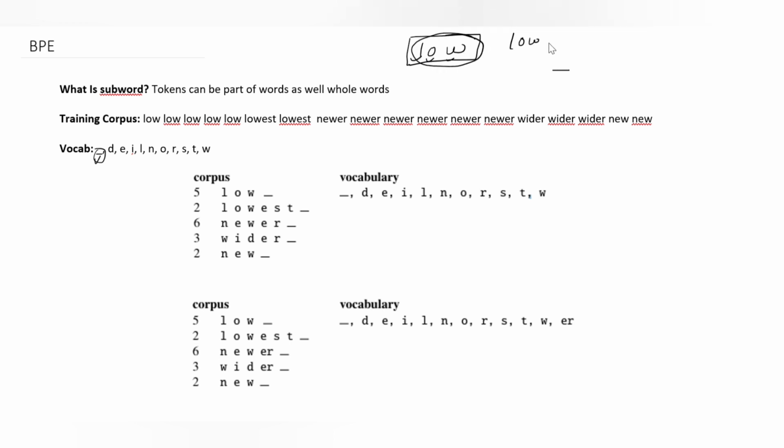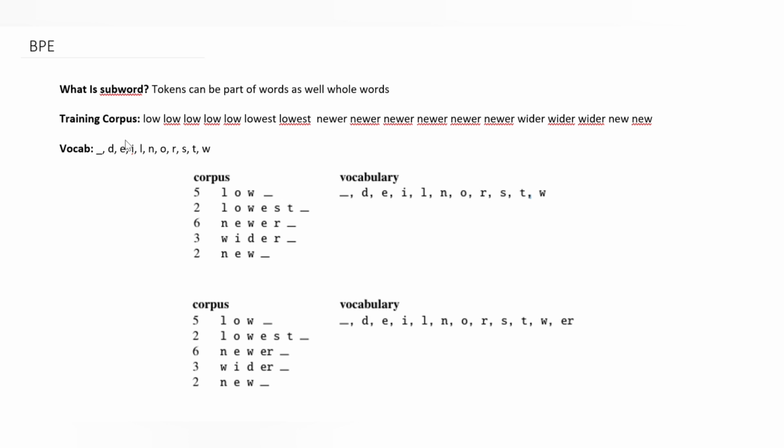So we add this end-of-word character after low. Whenever we are separating the characters, we add this character just to show that we have one single word. The same thing we are going to do with all the words here so that we can identify each particular word and it can make sense in the final output.